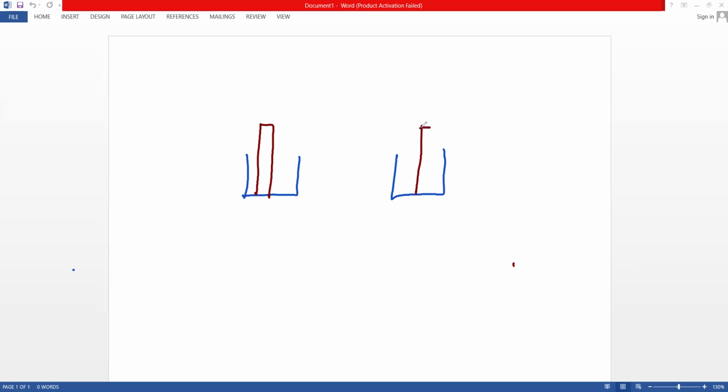One electrode is positive and one is negative, and these two electrodes are connected by a voltmeter.